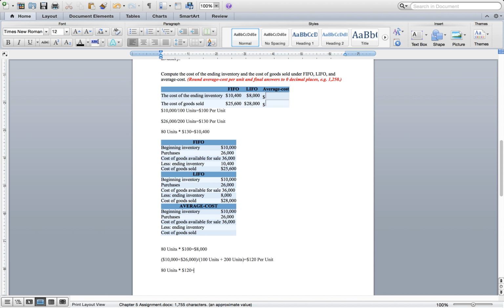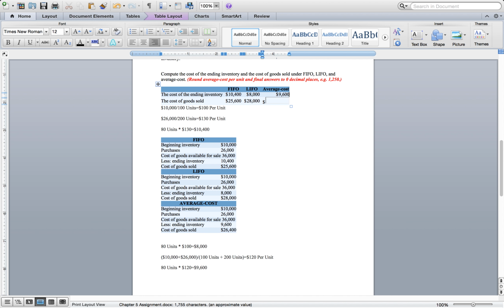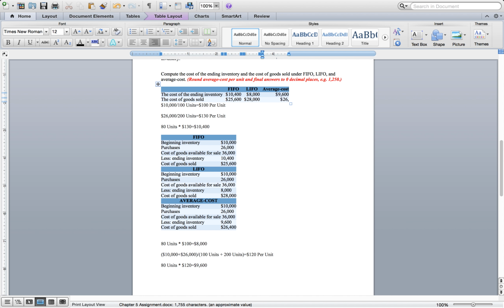Okay, so my inventory cost here will be $9,600. So to subtract those two, my cost of goods sold now will be $26,400. So I go up here, my inventory, which I just calculated, is $9,600, and my cost of goods sold is $26,400.